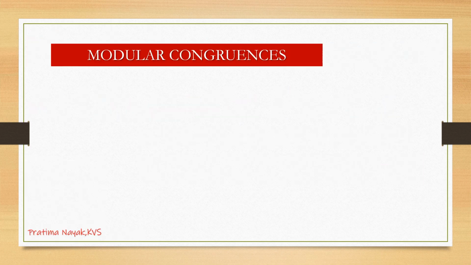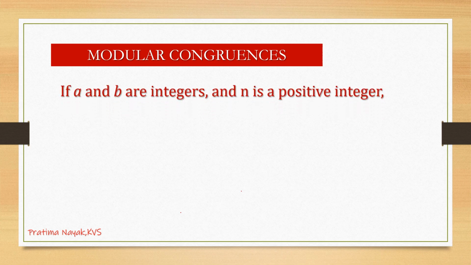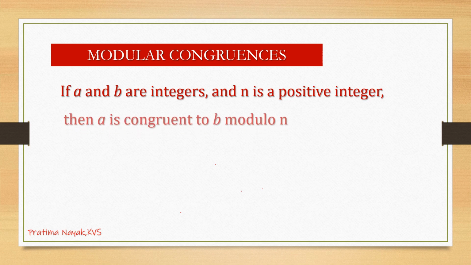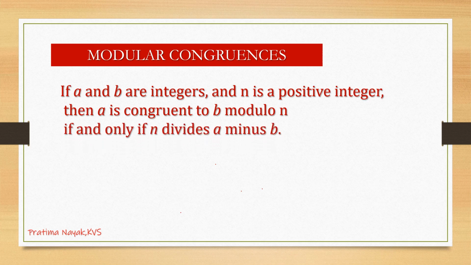Let us recall modular congruences. It says if a and b are integers and n is a positive integer, then a is congruent to b modulo n if and only if n divides a minus b.